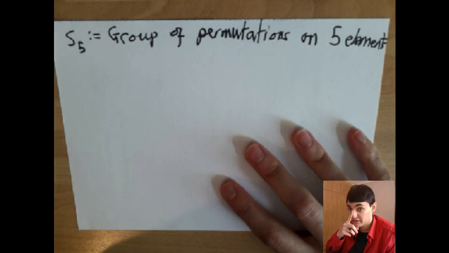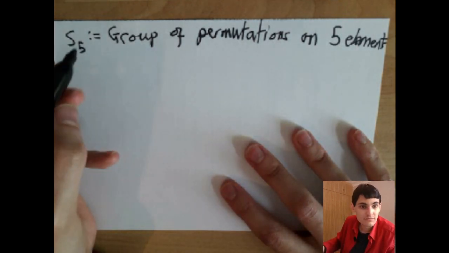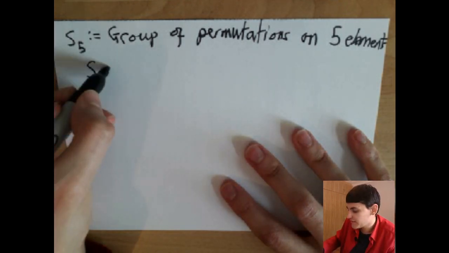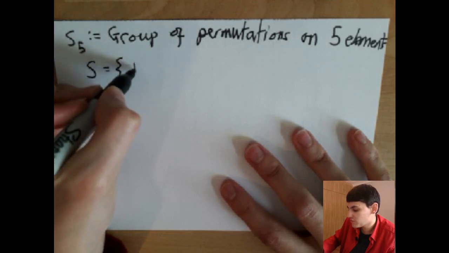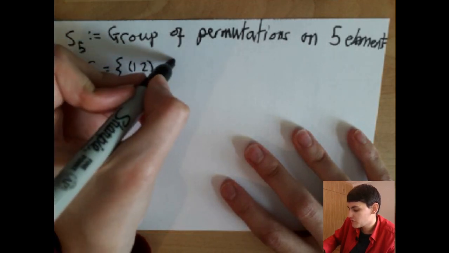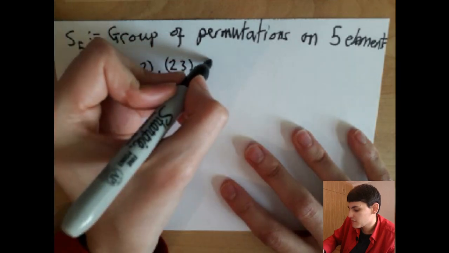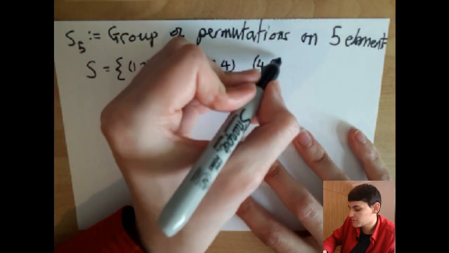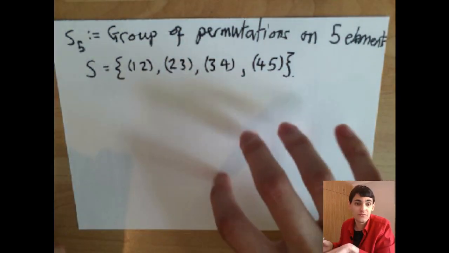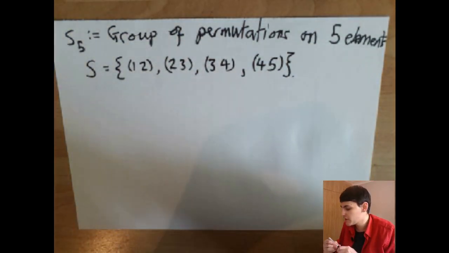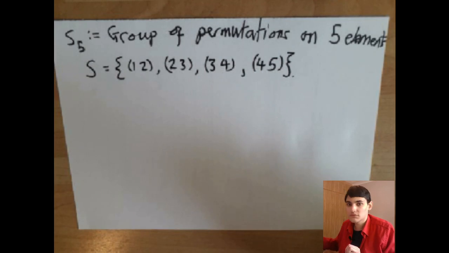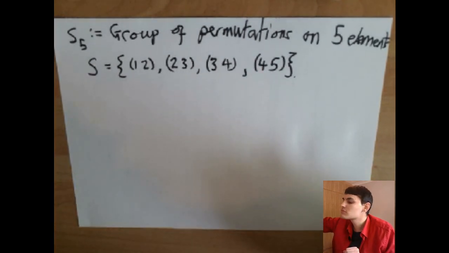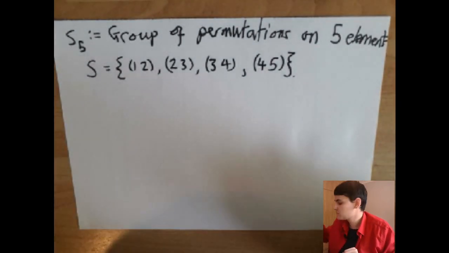Its generating set S is equal to (1 2), (2 3), (3 4) and (4 5). It's got 4 of those.